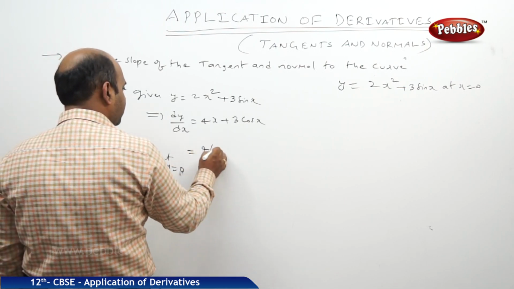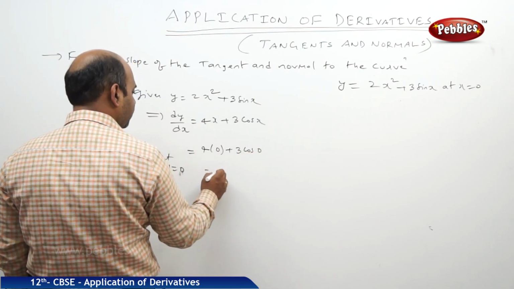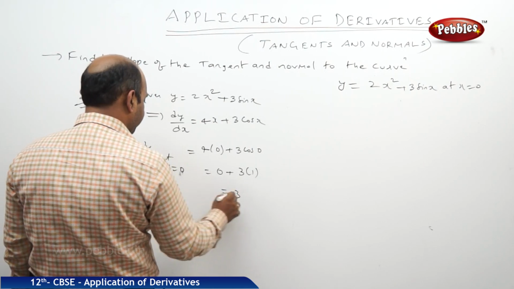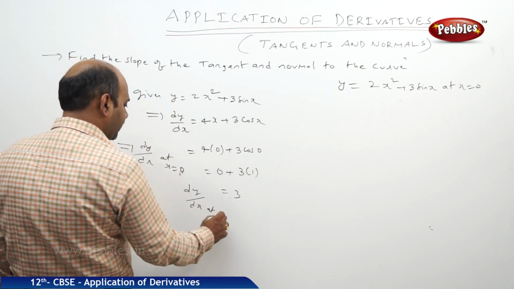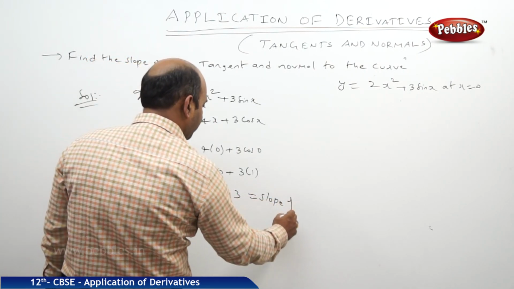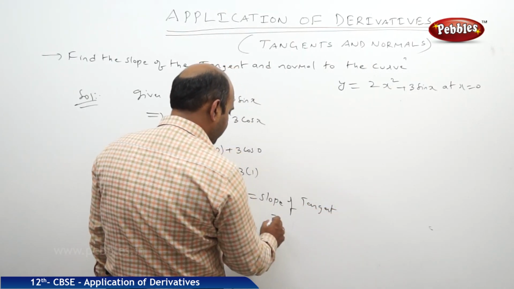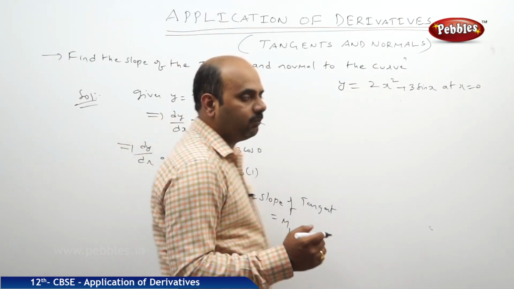That means 4 into 0 plus 3 into cos 0. 4 into 0 is 0, and 3 into cos 0 means 3 into 1, so that will be 3. Therefore, dy by dx at x is equal to 0 is 3. That is nothing but the slope of the tangent, and it is given by m, but here I will write it as m1.